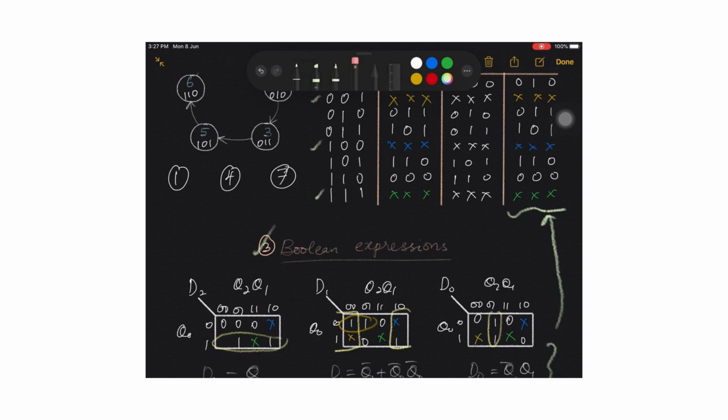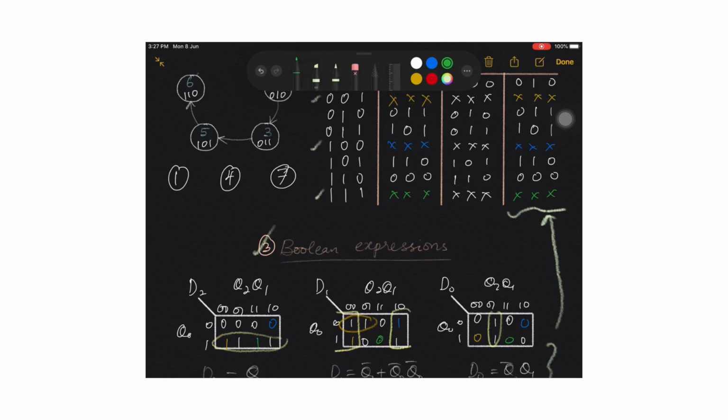This yellow don't care acts like 1, 1, and 0, this is 0 because it is left out from the group. Then this blue don't care acts like 0, 1, and 0. And finally, the green don't care acts like 1, 0, 0.